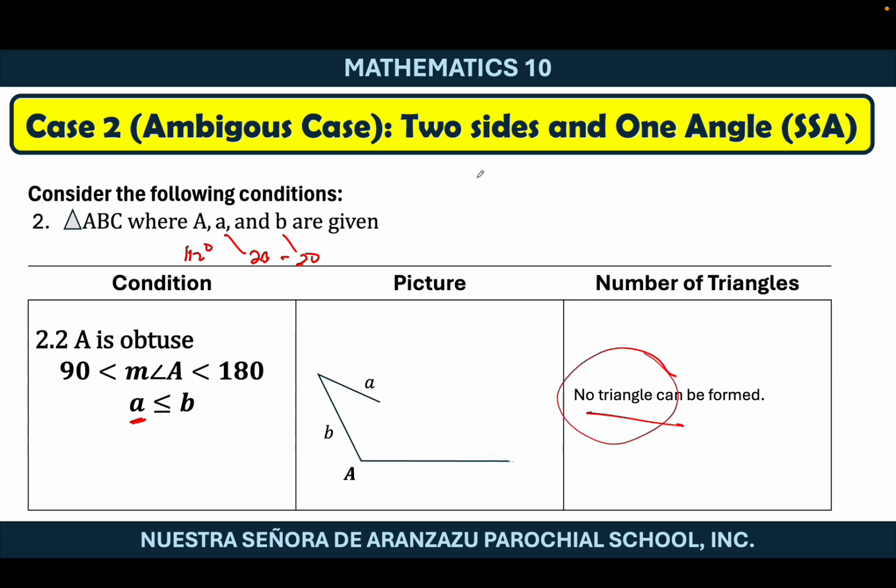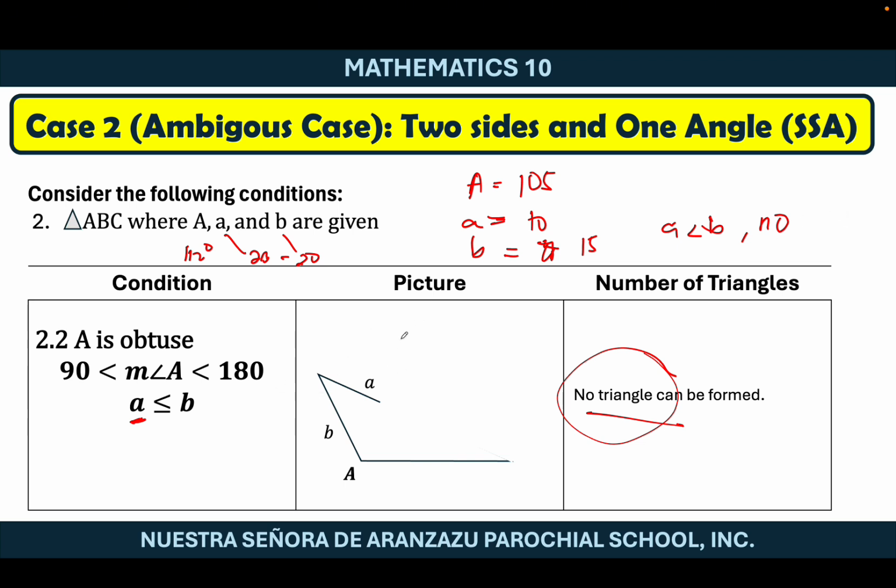Okay? Another one. Your A is 105. Your side A is 10. Your B is 15. Since your A is less than B, then no triangle ang mabubuo doon. That's impossible. Okay? Malinaw ba?